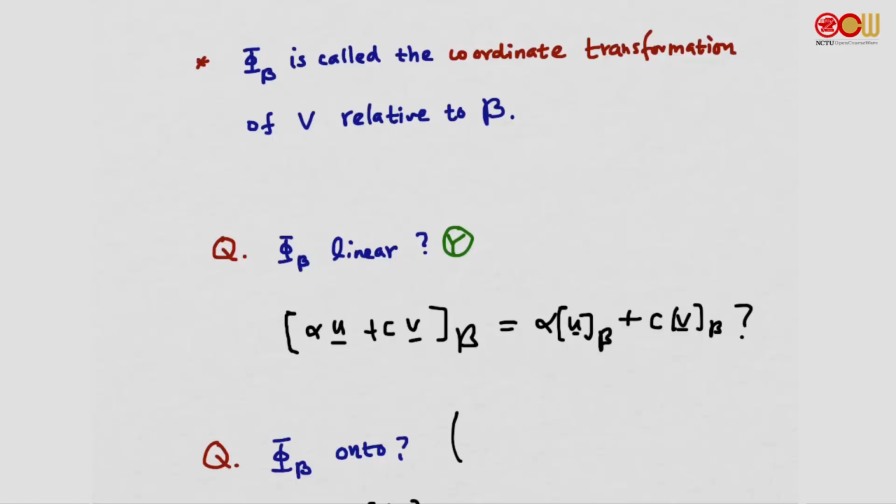Onto means for all C in Rn, there exists a V vector such that C is the image of the V vector.